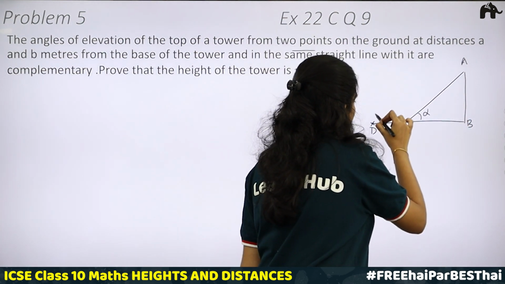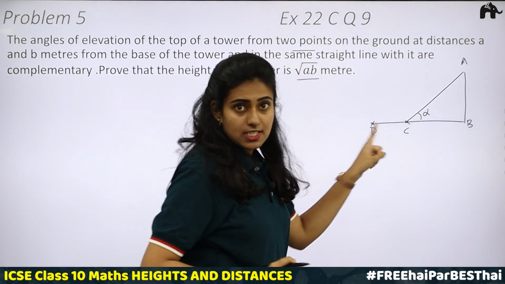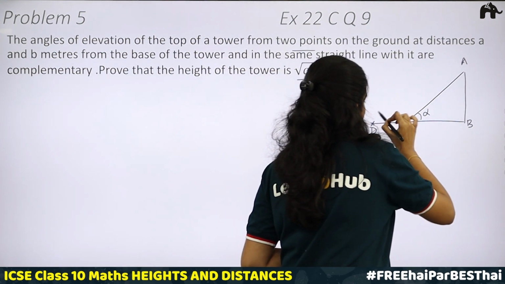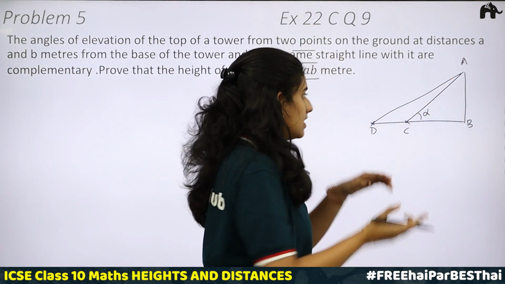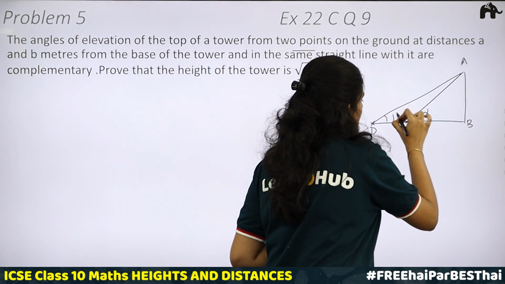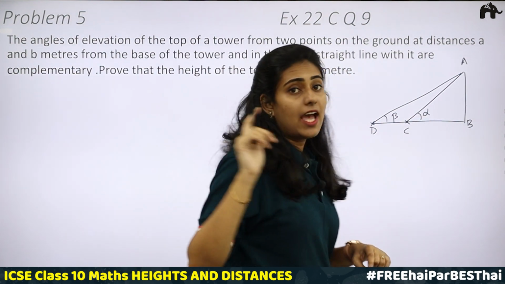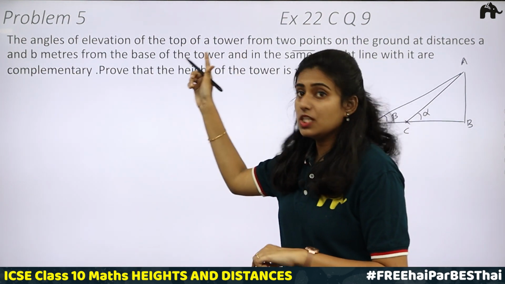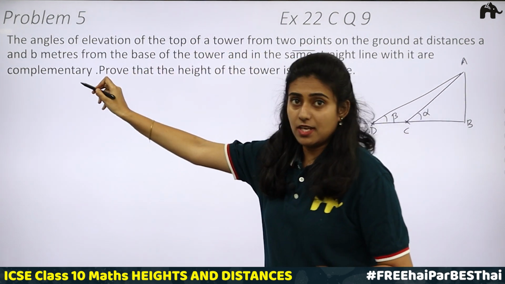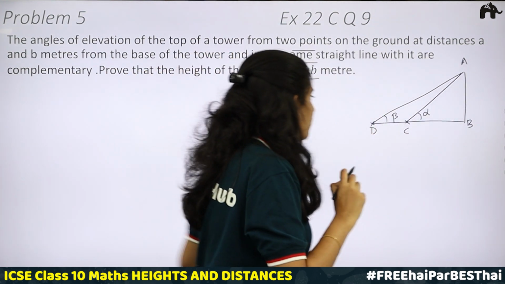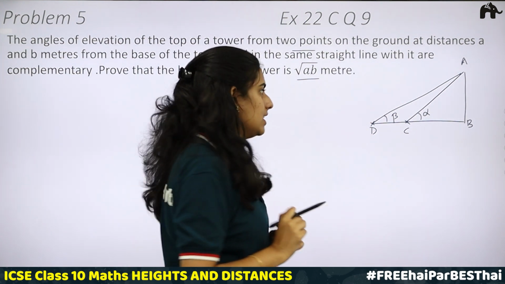When a boy is at point D, he looks to the top of the tower, there is an angle of elevation and we take this as beta. Given that the angles of elevation from these 2 points are complementary, which means the sum is 90 degrees. Alpha plus beta should be 90 degrees.